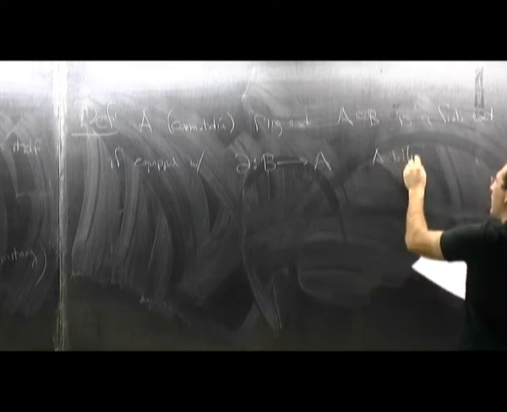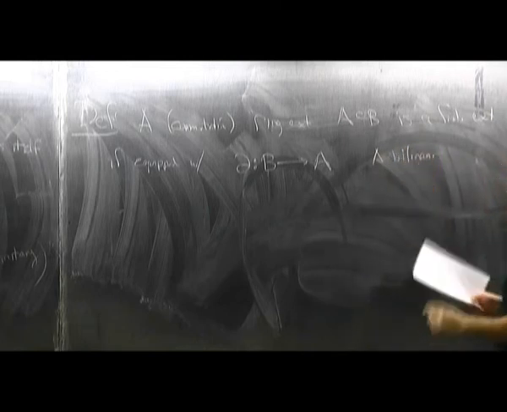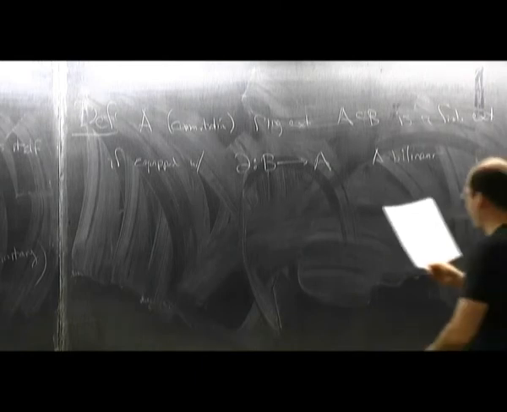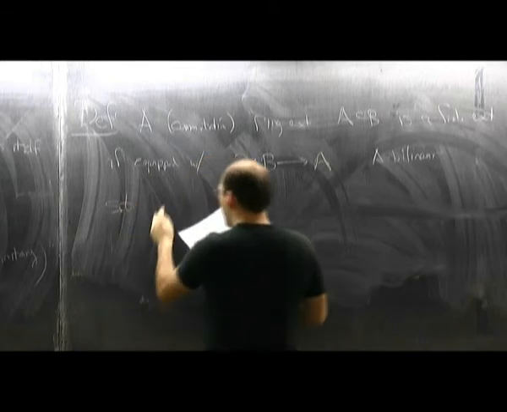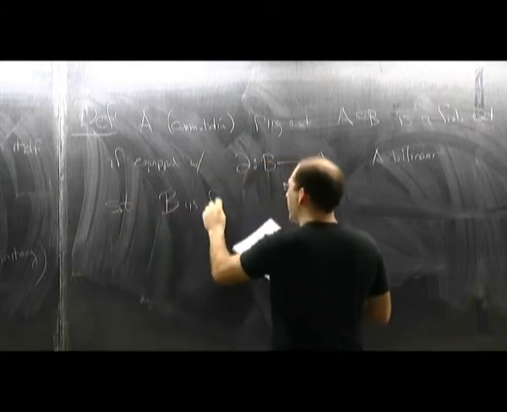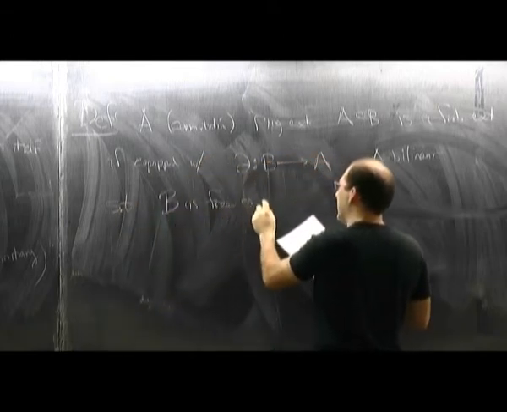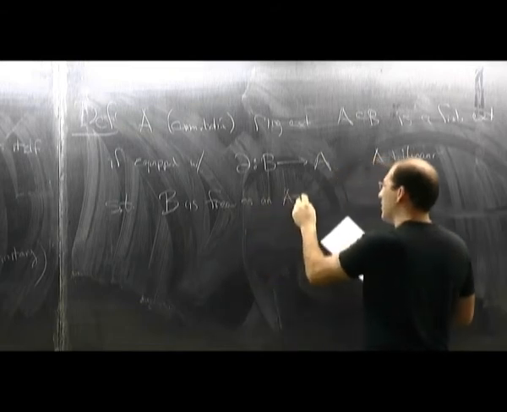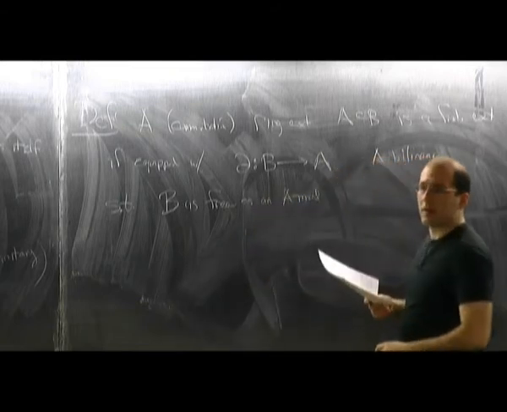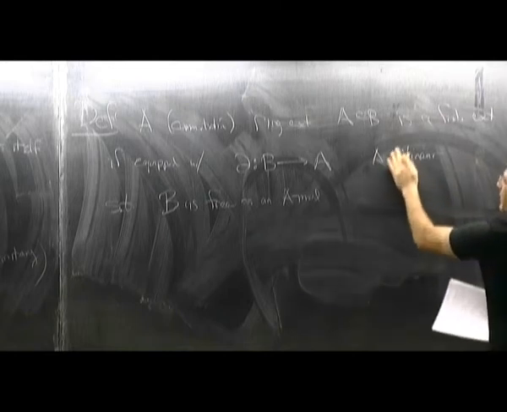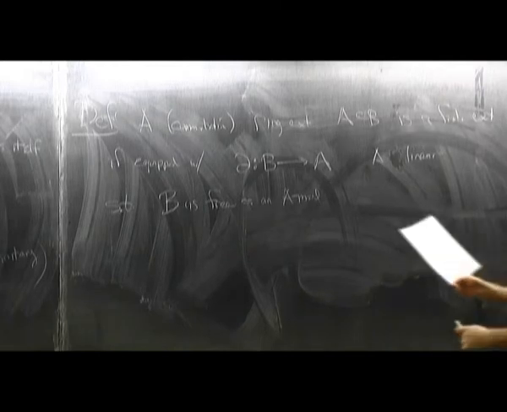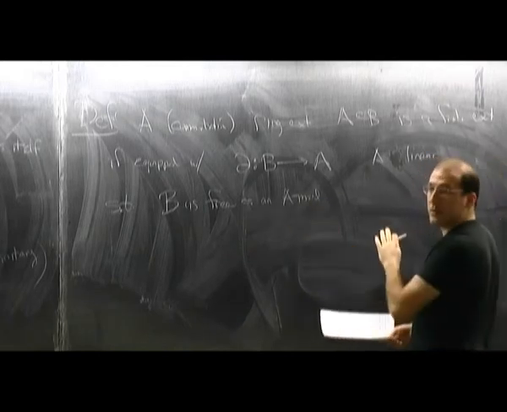Well, it's a commutative ring, so A acts the same on the left and right, so it's just A linear, such that B is free as an A module. Yeah, A linear. I don't know why I wrote bilinear. It's the same thing, it's commutative. So B is free as an A module.